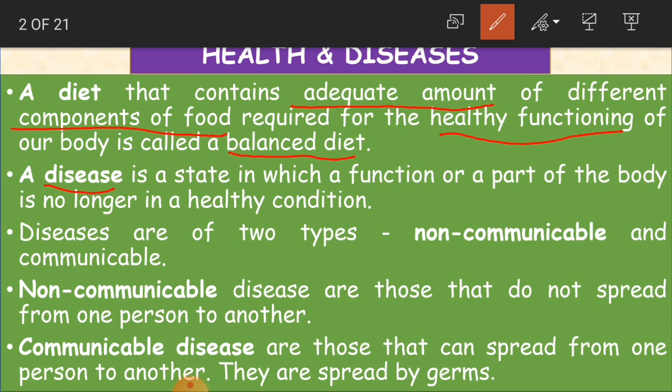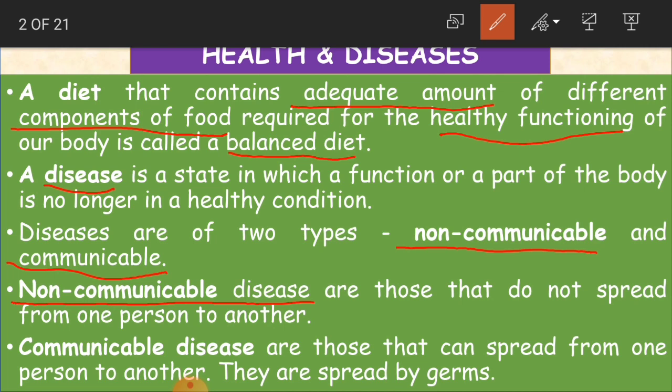Okay, and diseases are of two types. What are they? Non-communicable and communicable. Non-communicable diseases are those that do not spread from one person to another.